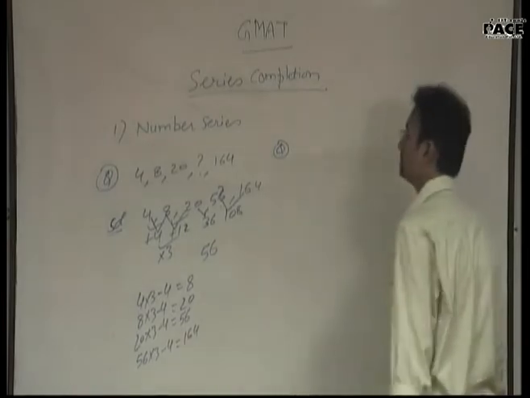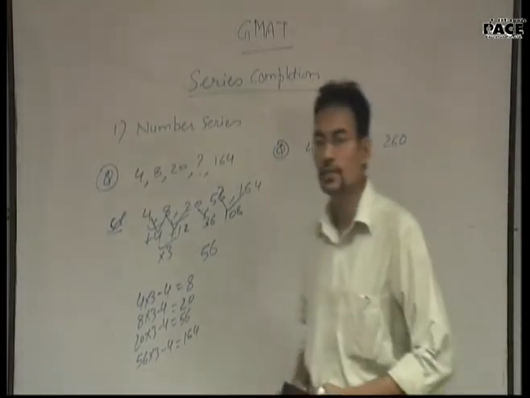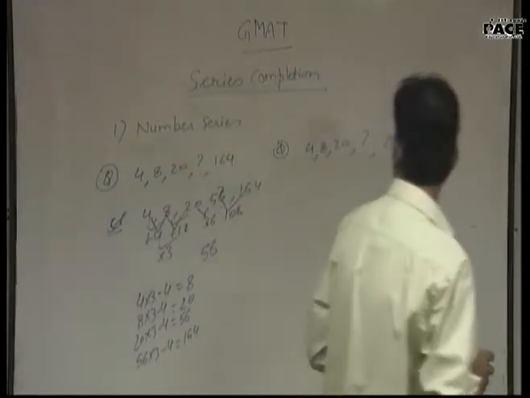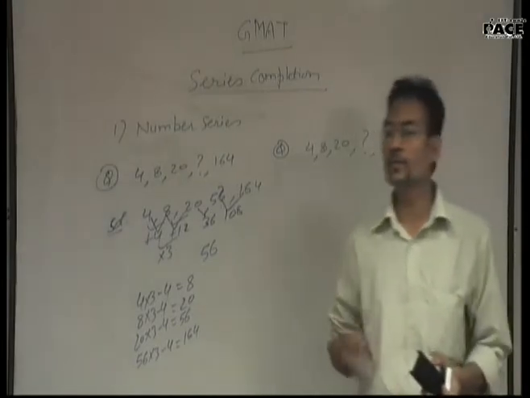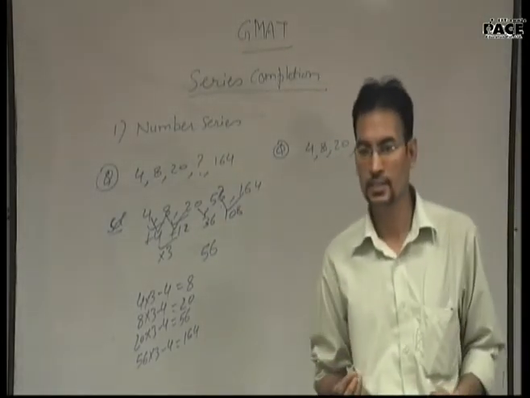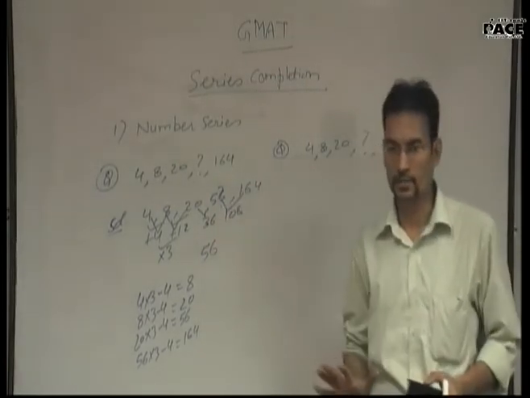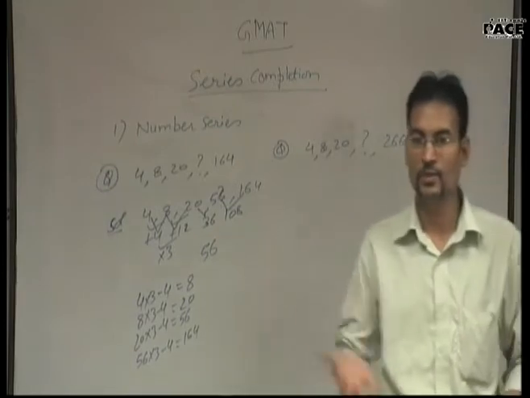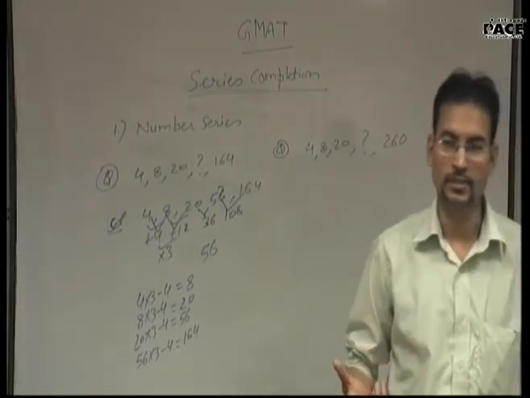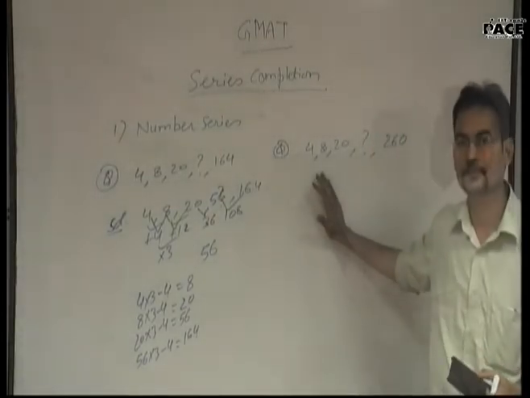Next sum we can take: 260. Now we can see that the fifth term is more than the fifth term of the previous question. The first 3 terms are the same, but the fourth one you have to find out, which may not be the same, because the fifth one suggests that it is a different series. So how to solve it?